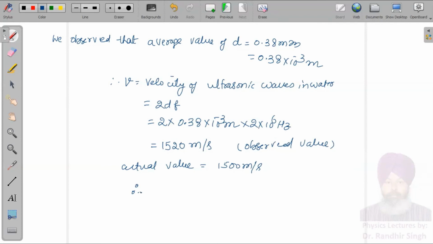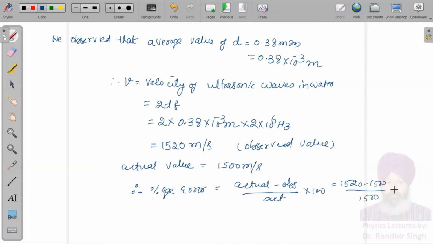So percentage error is actual minus observed upon actual into 100, that will be 1520 minus 1500 upon 1500 into 100, that will be 20 by 1500 into 100, so it will be 20 upon 15, that will be equal to 1.33%. So our result is very well within the acceptable limits.